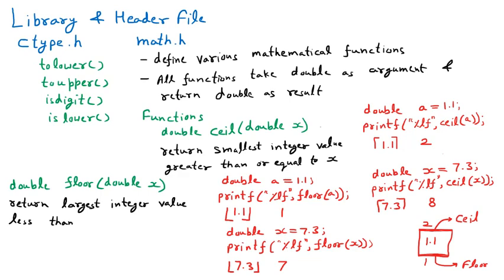If I am having 1.1, 1.3, 1.5 up to 1.9, then the answer is 1, or equal to x in the case where I am saying 1.0. What is the floor of that? Obviously the floor of 1.0 is 1.0. So that is equal to x. So that is the definition of the floor function.